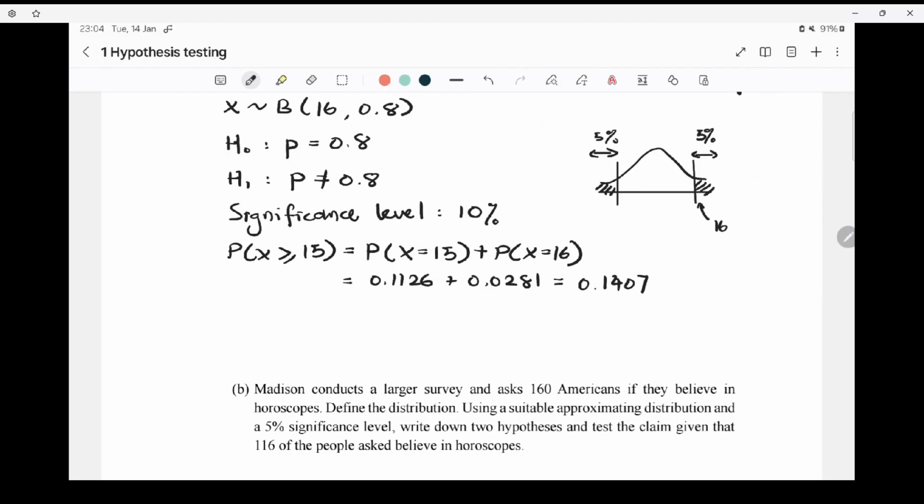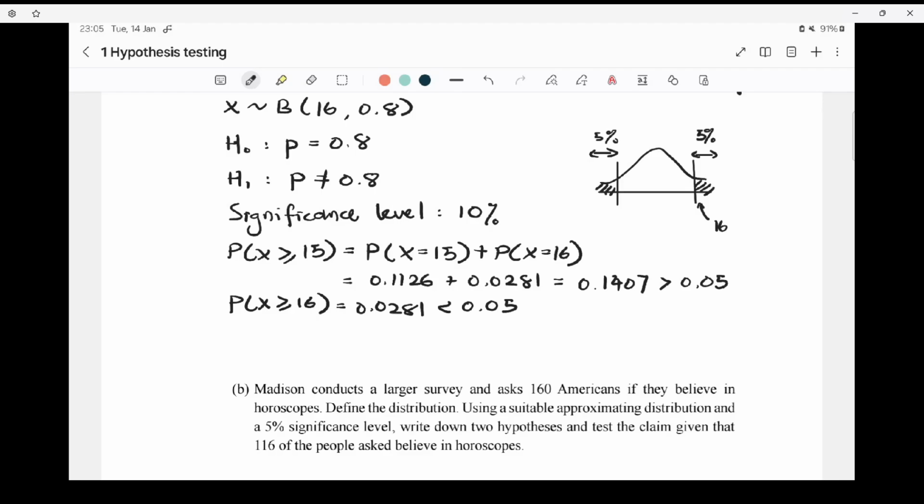Because if n equals 15, this is greater than 0.05. If P(X greater or equal to 16), then this is 0.0281, which is smaller than 0.05. So on the right side, your critical region will be at n equals 16.